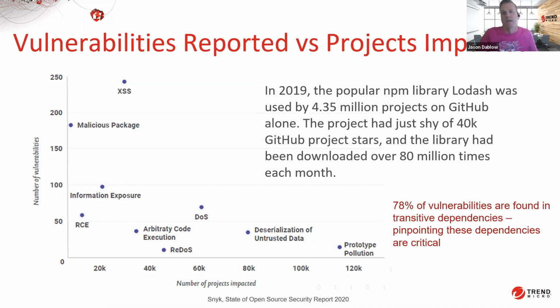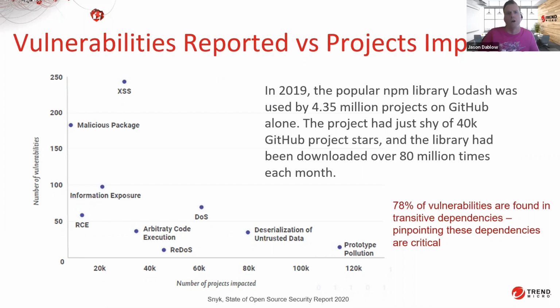So you can see something like prototype pollution that causes a lot of noise in different prototypes. That would be a very broad range in terms of the number of projects that were impacted, but the number of vulnerabilities of that particular type is actually quite low. On the flip side, something like XSS, which is cross-site scripting, represents a vast number of vulnerabilities.